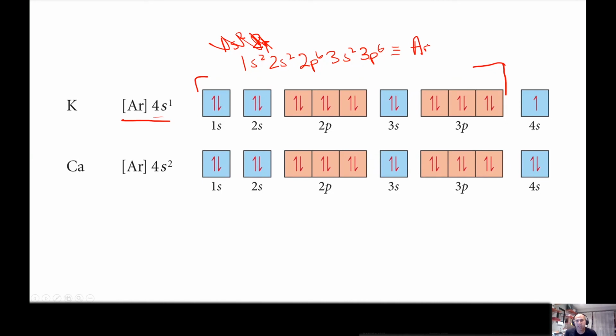So when I'm writing the electron configuration for an element that comes after argon, I can just put argon in square brackets and then write whatever comes next. These electrons here are what we would call core electrons. This is a valence electron. And again, this highlights the fact that as chemists in general, we really only care about valence electrons.